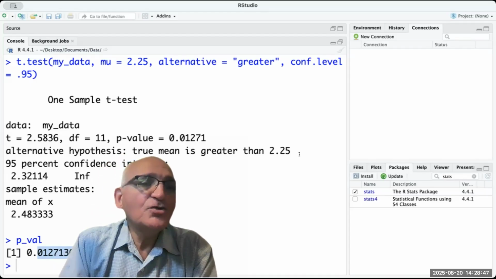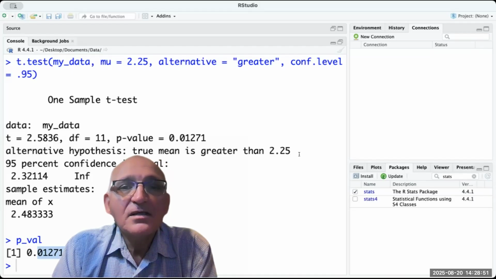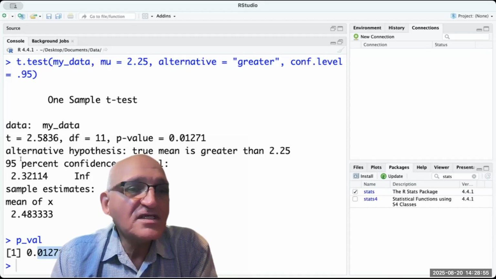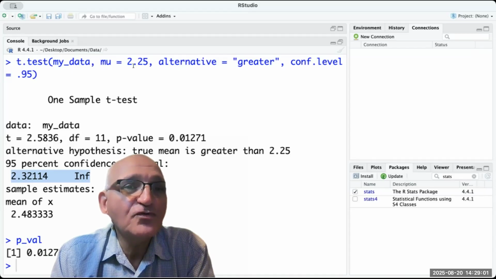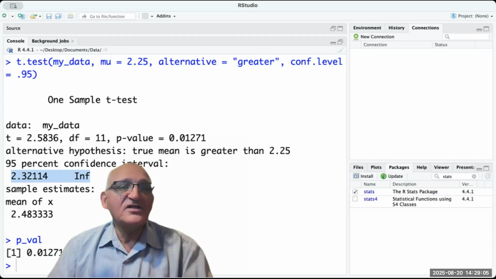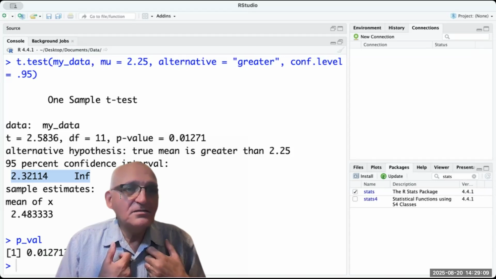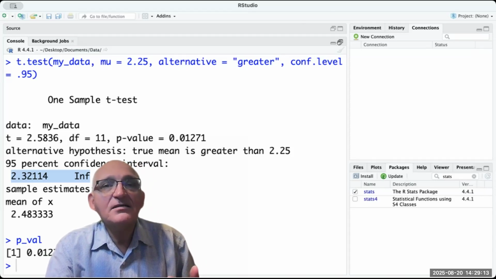They don't tell you whether to reject or not, so the confidence interval was from 2.32114 to positive infinity, meaning the 2.25 is not in the 95% confidence interval, so you reject. But when we write it, we can make it more clear, right?